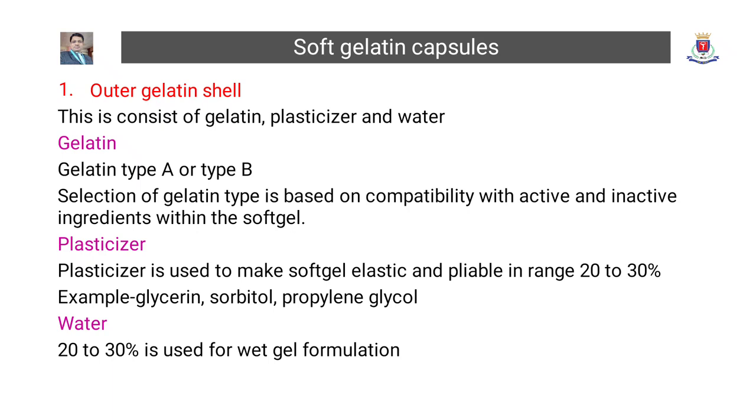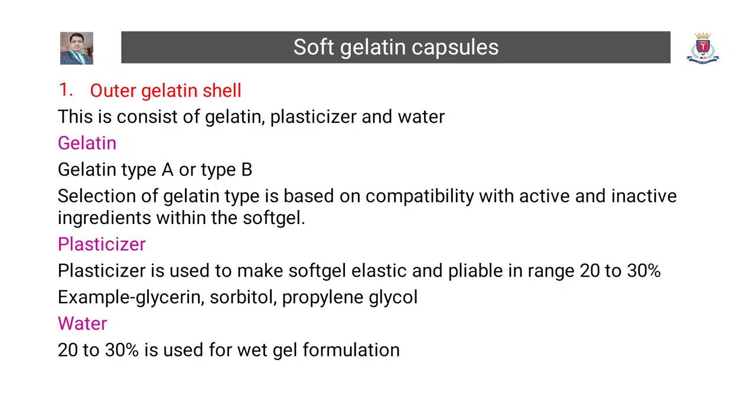Outer gelatin shell. This consists of gelatin, plasticizer and water. Gelatin may be of type A or type B. Selection of gelatin type is based on compatibility with active and inactive ingredients within the soft gel.